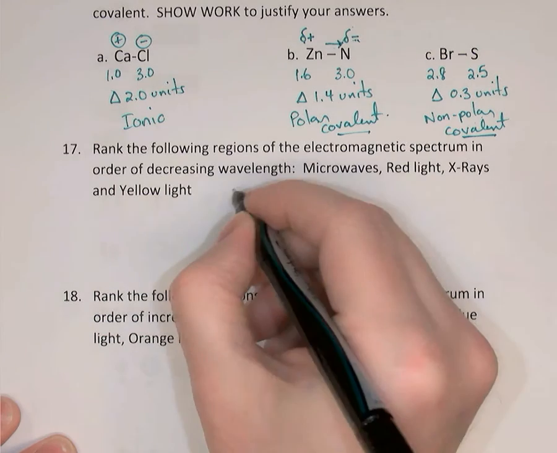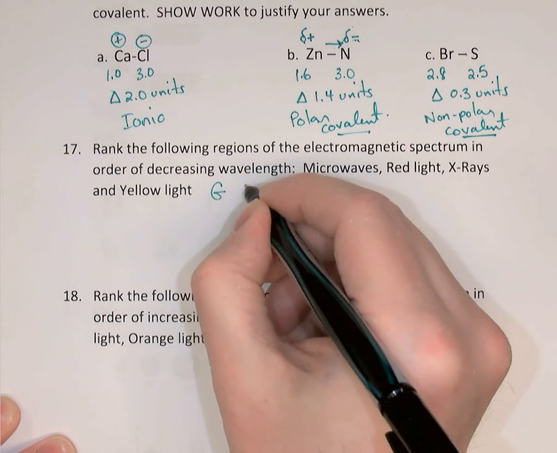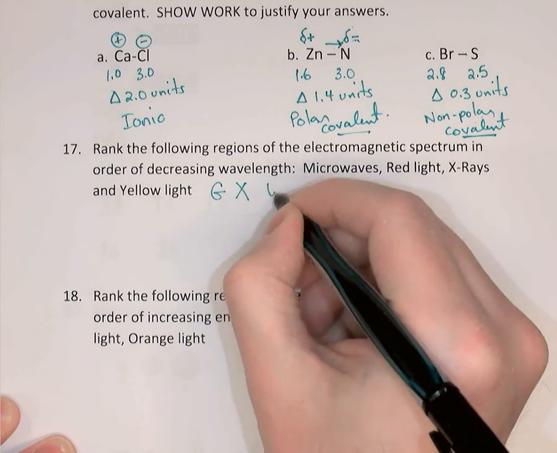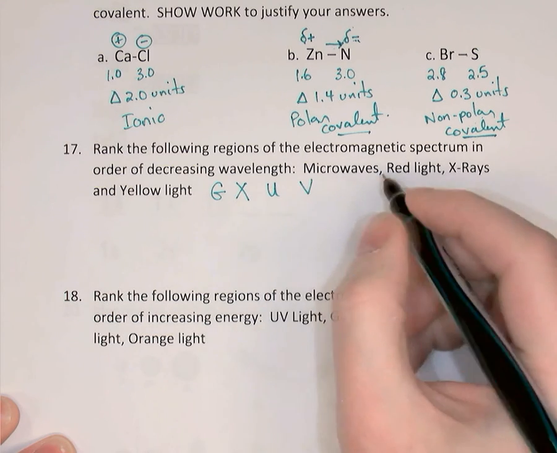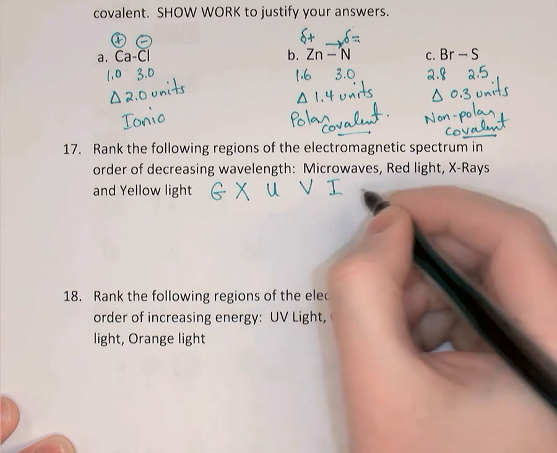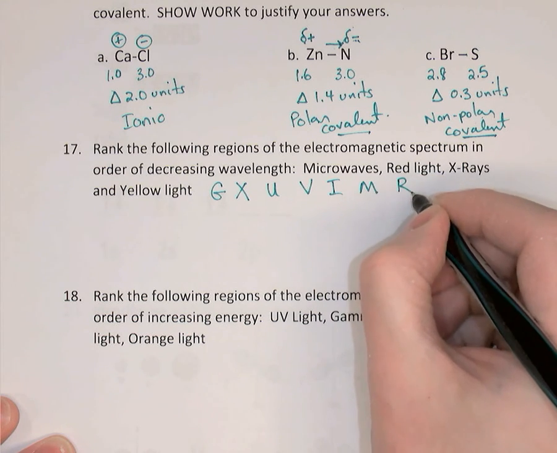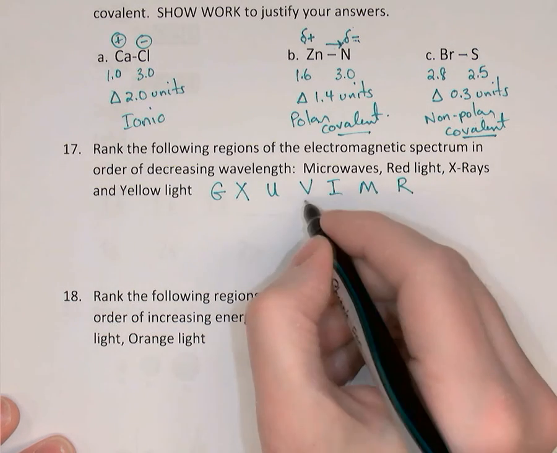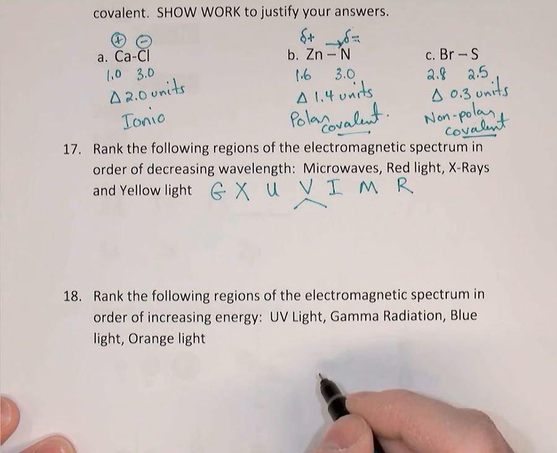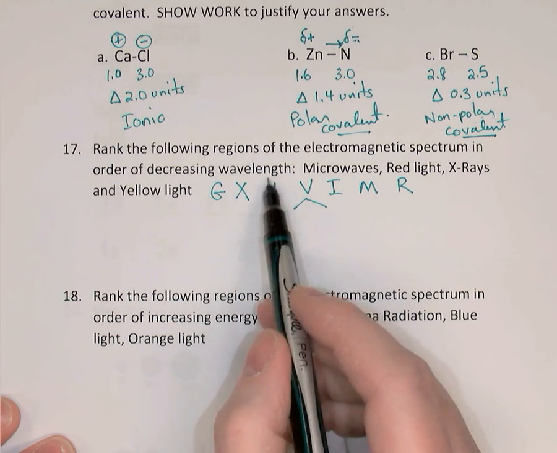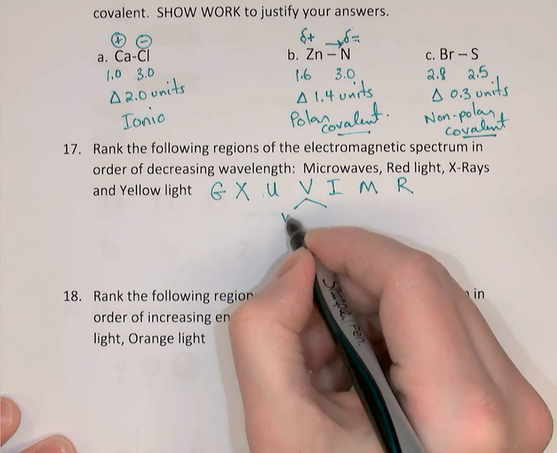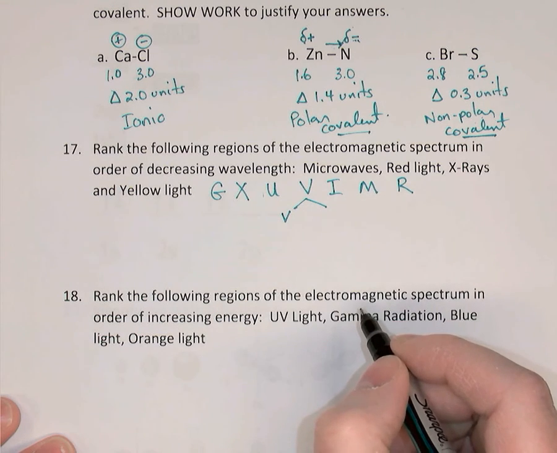Okay, the different regions of the spectrum: gamma rays, X-rays, ultraviolet light, visible radiation, infrared radiation, microwaves, and radio waves. Visible light can be split into a rainbow. If this is ultraviolet, then at this end is the violet part of the rainbow.